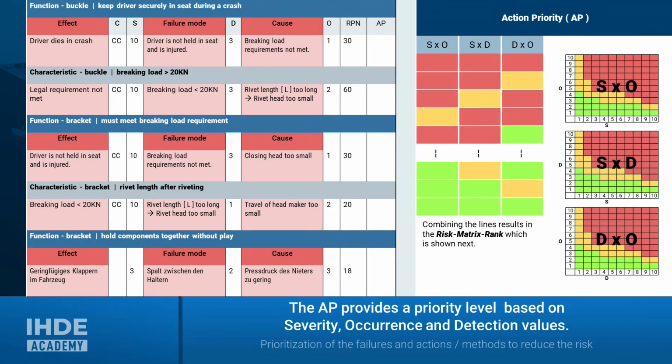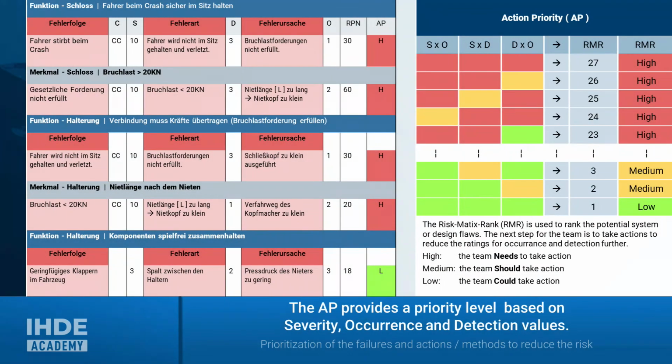With the 3 different action priorities, green, yellow, and red, for each of the combinations S and O, S and D, D and O, there are a total of 27 different action priority combinations. These are sorted according to their priority in a so-called risk matrix ranking. The risk matrix rank goes from 1 to 27. 1 has the lowest priority, 27 has the highest priority.